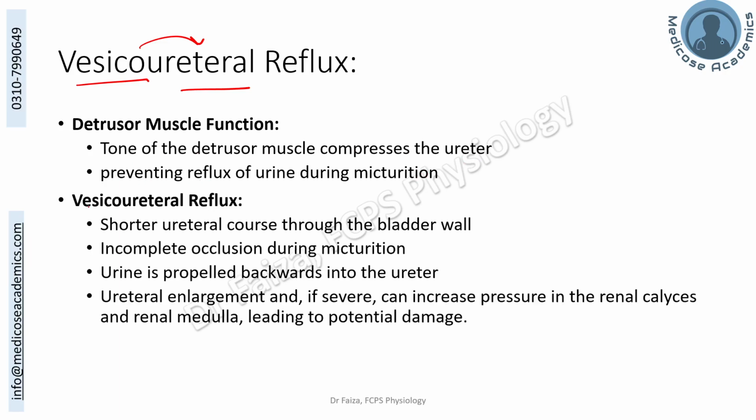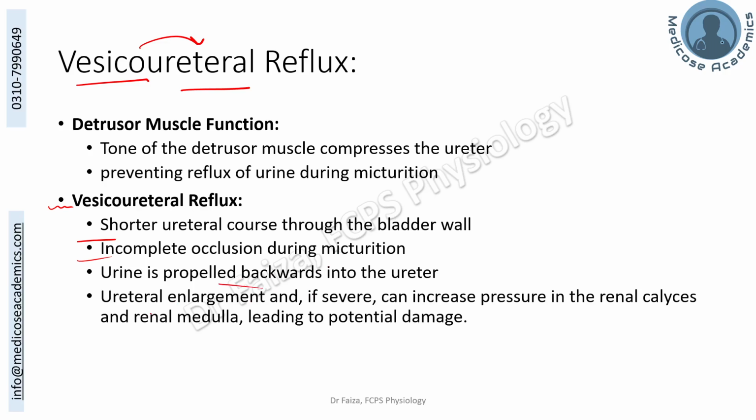In case of vesico-ureteral reflux, mostly this is because of an anatomical defect in which there is a shorter ureteral course through the bladder wall, because of which these are incompletely occluded during the micturition and urine is propelled backwards.